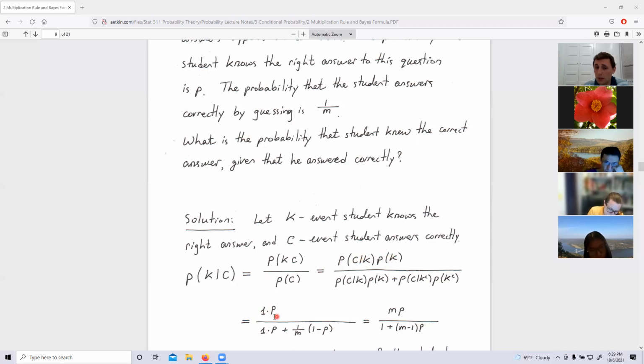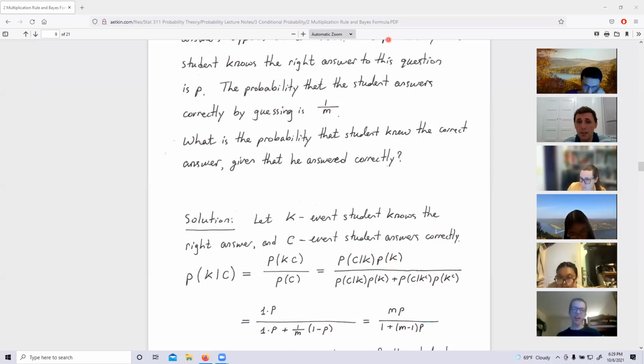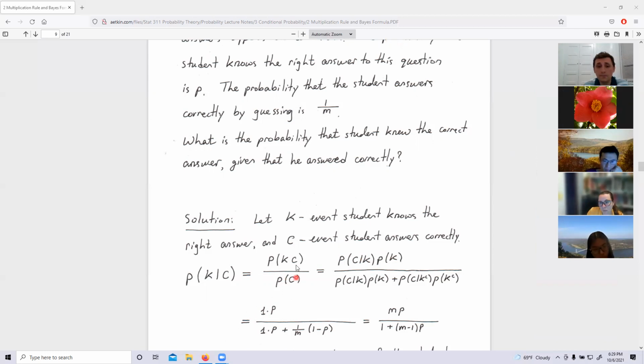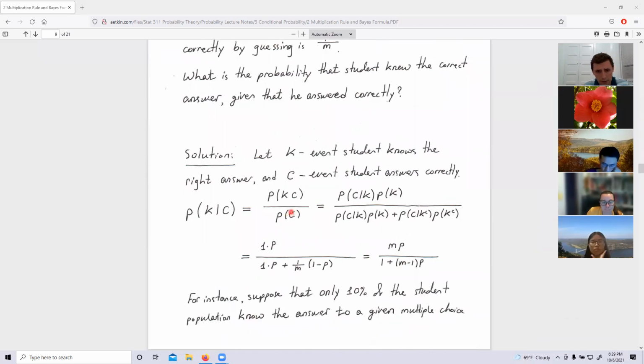And probability of knowing is P. Yes? And the denominator, probability of correct, can be broken into correct and knows, and correct and not knows. Yes? And then you have this denominator.